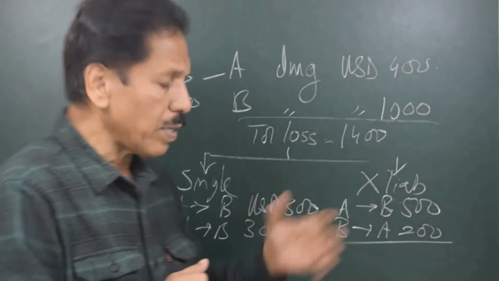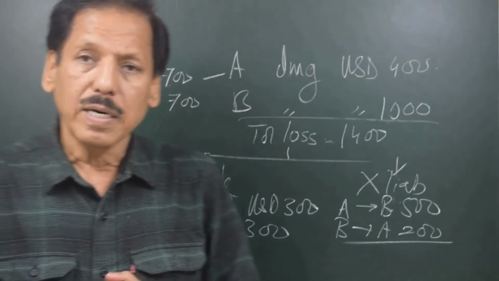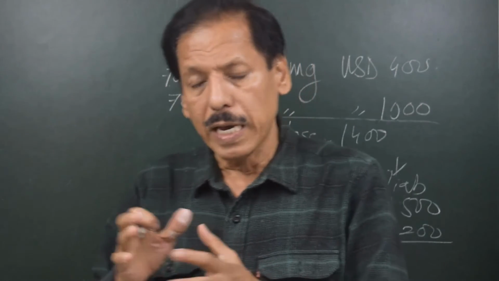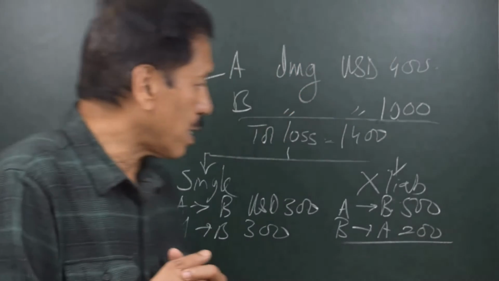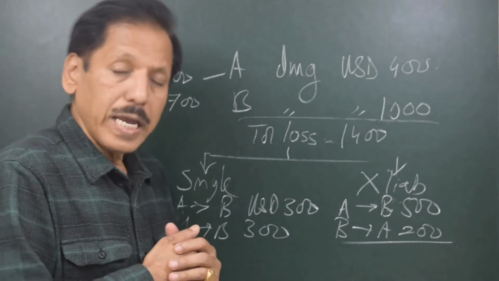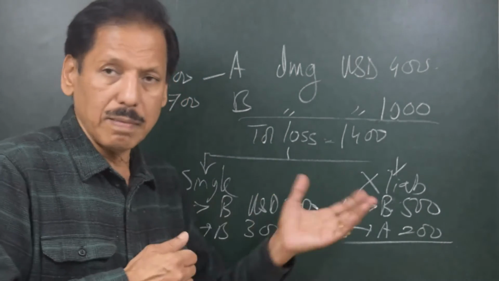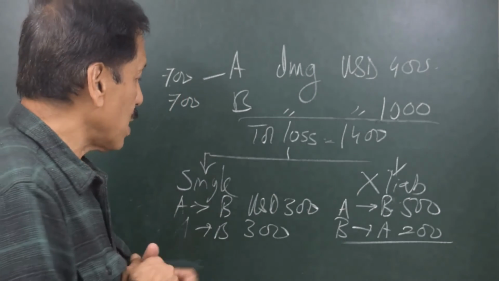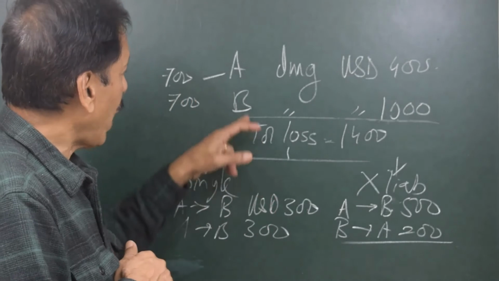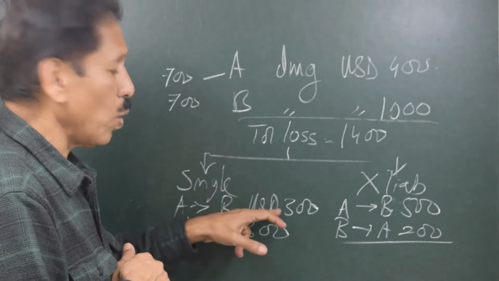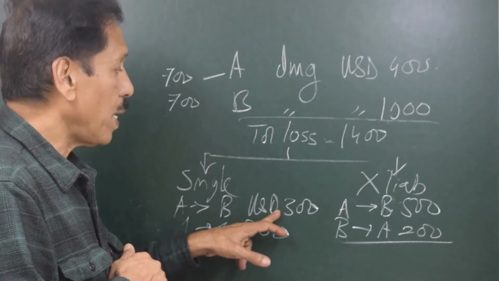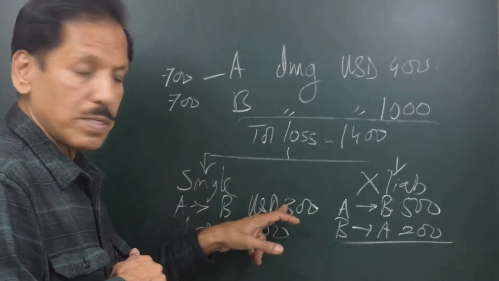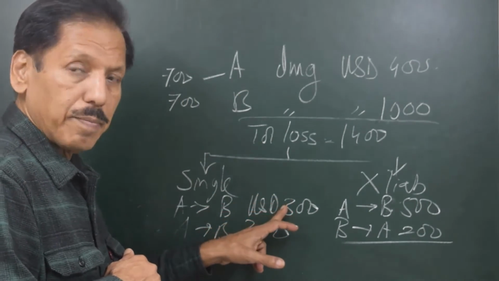Now the cross liability principle is important when there is an arrangement with a P&I club that whenever any ship pays money like this to the other ship for damages, P&I will reimburse. In the single liability case, where A was paying B USD 300, P&I would reimburse vessel A by 300.